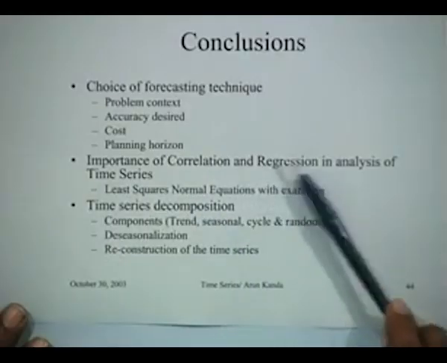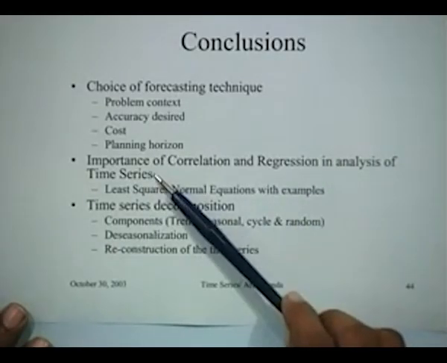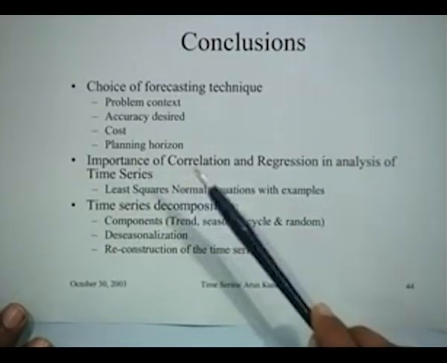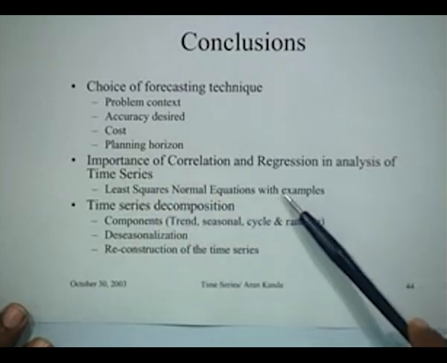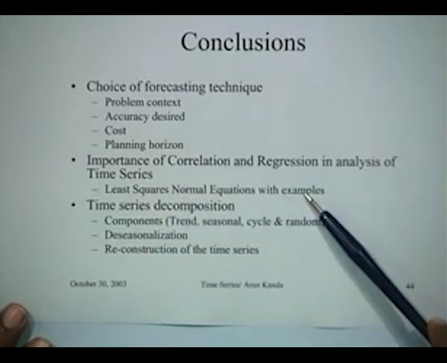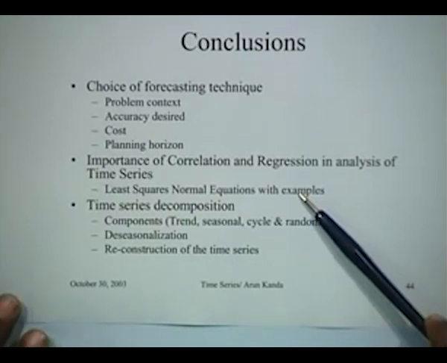So in that sense, the importance of correlation and regression in the analysis of time series was emphasized. The least squares normal equations with examples were illustrated so that you know how to estimate the parameters, which is the basic operation required in regression.